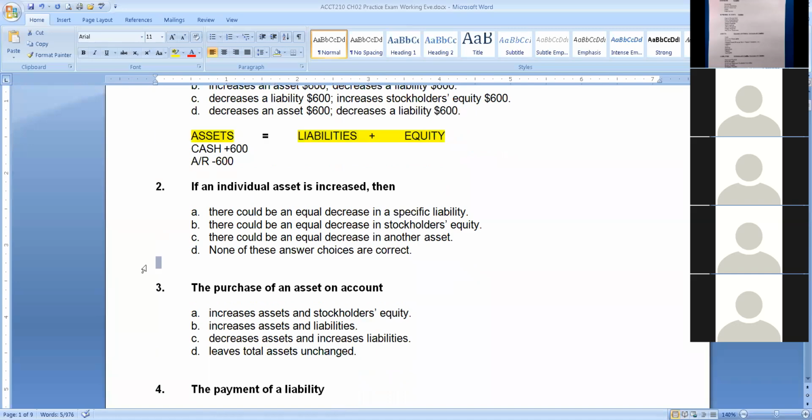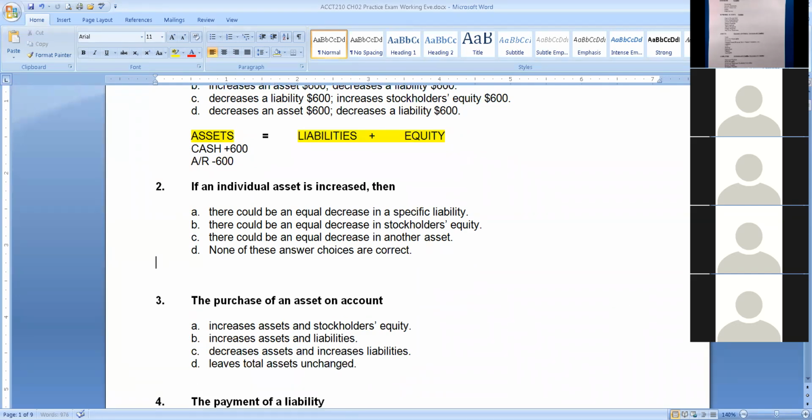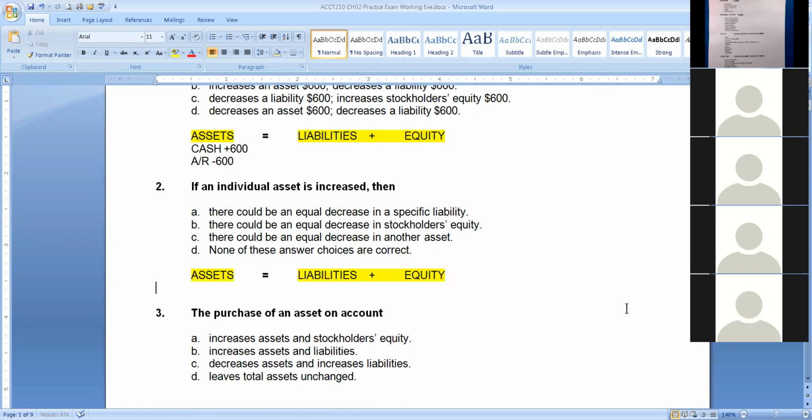Okay, an individual asset is increased then. So if an individual asset is increased, whatever asset it is, they don't say, but it goes up. So what else has to happen?